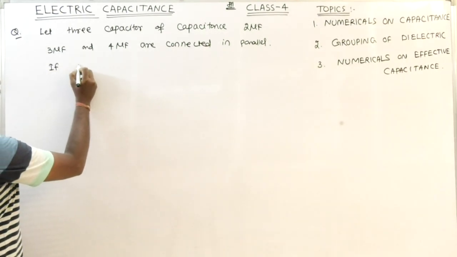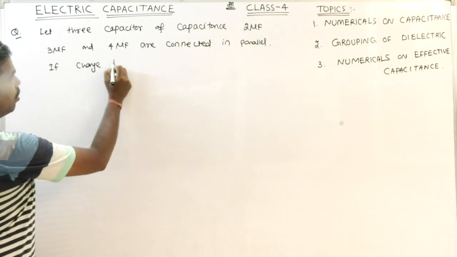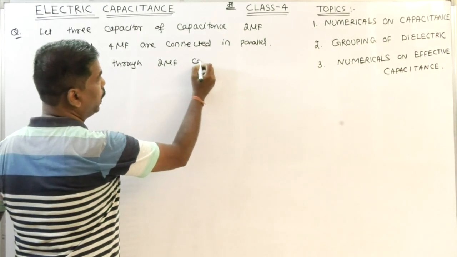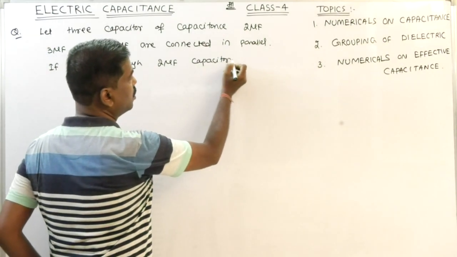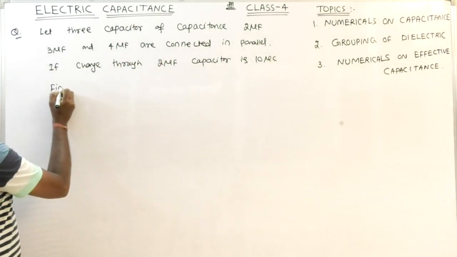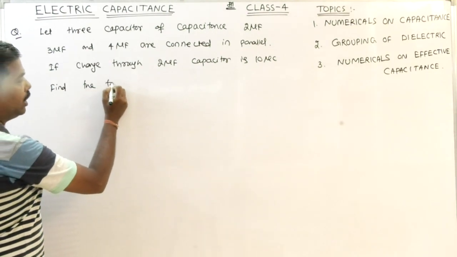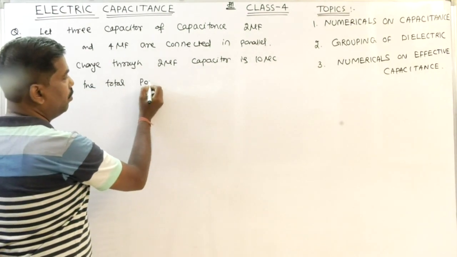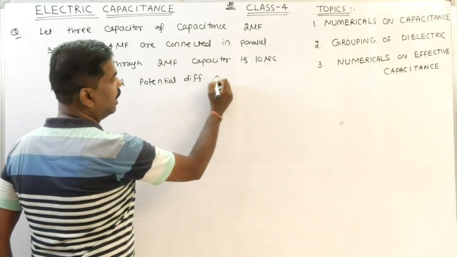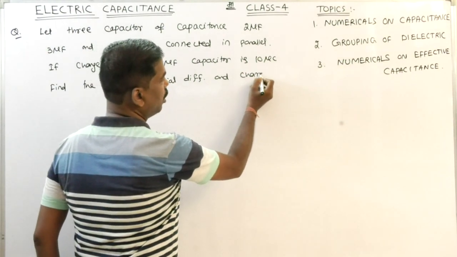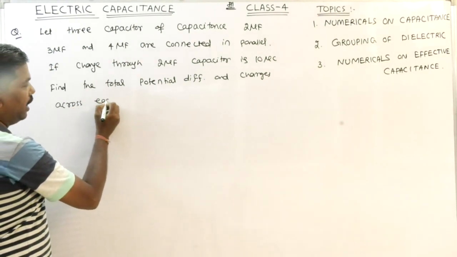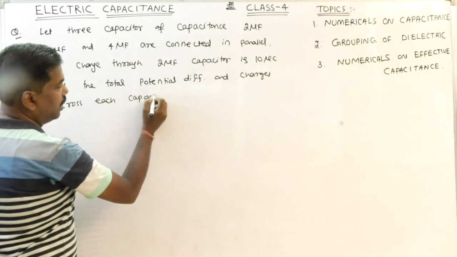If the charge through the 2 microfarad capacitor is 10 microcoulomb, find the total potential difference and charges across each capacitor.